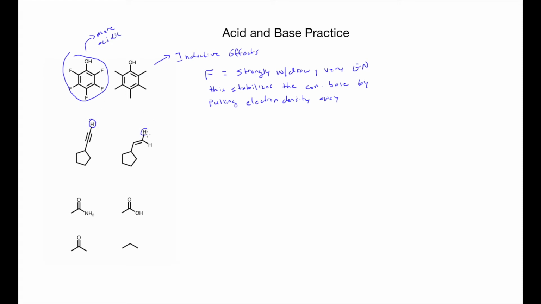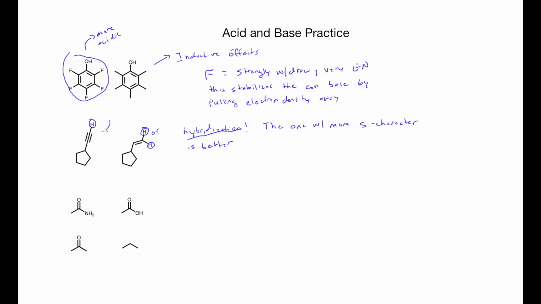All right, so in these, we need to circle the ones that are going to be acting as our acidic protons, and I have those circled for you. What we're looking at in this case is differences in hybridization. In this case, I have an sp2 hybridized CH, and I have an sp hybridized CH. The one that has more S character is going to be the more acidic, right?